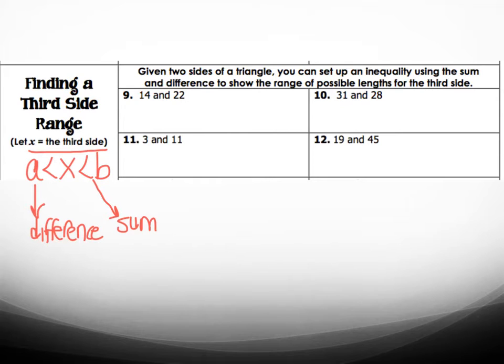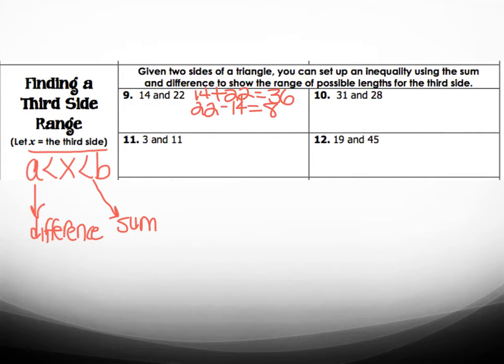So let's go ahead and read the directions. Given two sides of a triangle, you can set up an inequality using the sum and difference to show the range of possible third sides. So we have 14 and 22. We're going to add 14 and 22. So 14 plus 22 is 36. We're going to take 22 and subtract 14, and we're going to get 8.